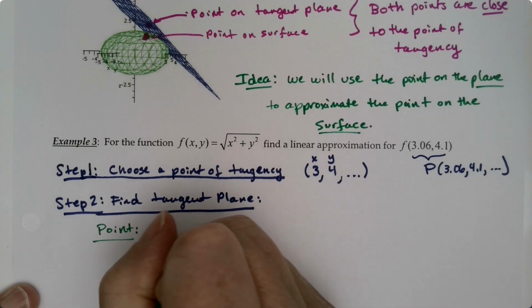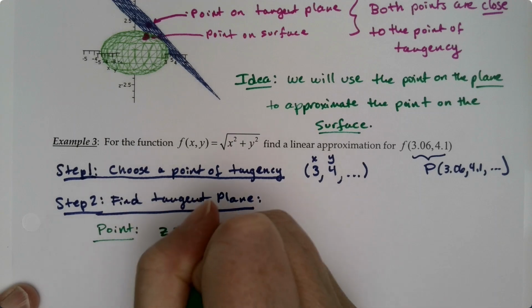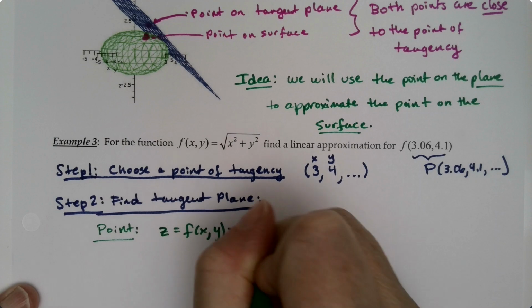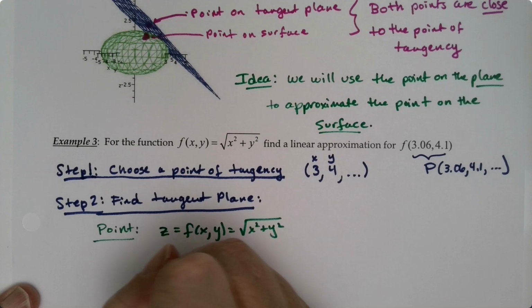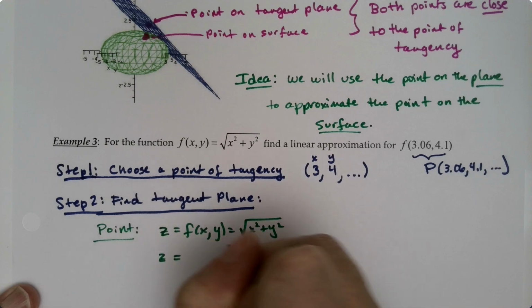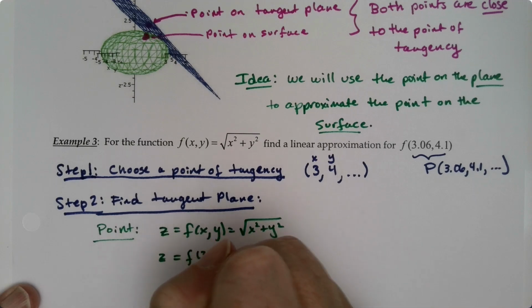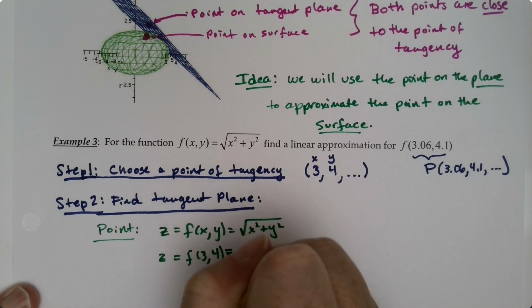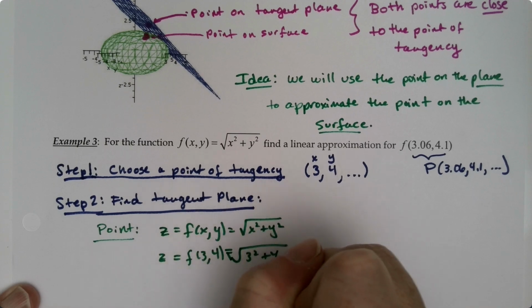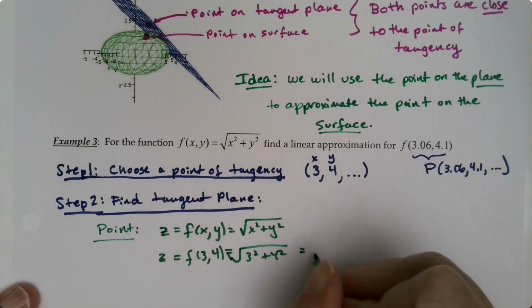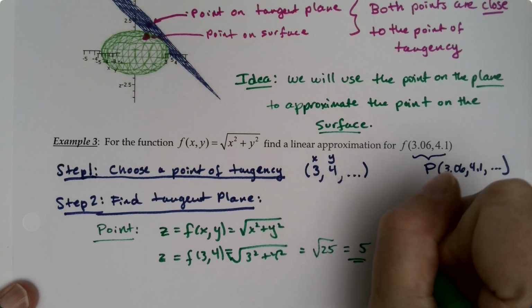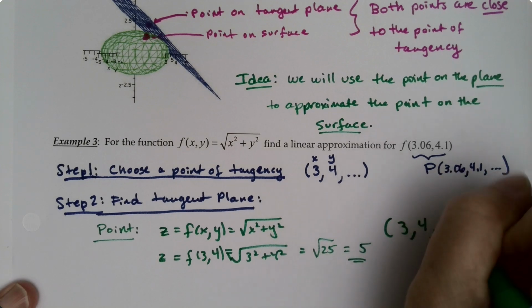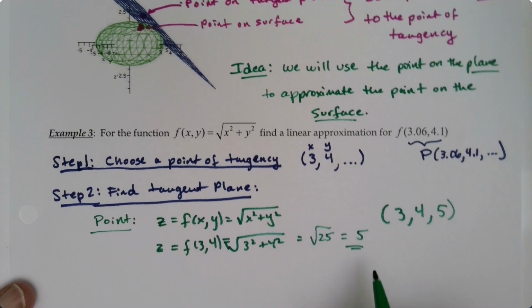So z is equal to f of x y, the square root of x squared plus y squared. So therefore, z is equal to f of 3, 4, which would be the square root of 3 squared plus 4 squared, which is the square root of 25, which is 5. So our point is 3, 4, 5. This is the point of tangency.